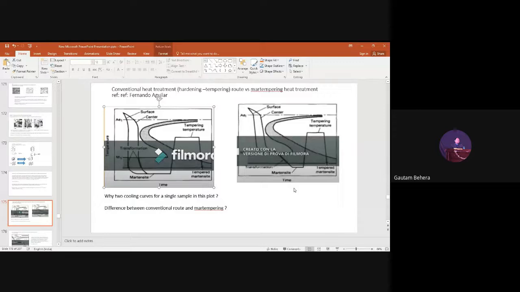Okay, Swapnamai. Yes, sir. Swapnamai, can you differentiate this one with this one? What is the basic difference you can see? Yes, sir. Okay, let Swapnamai answer.